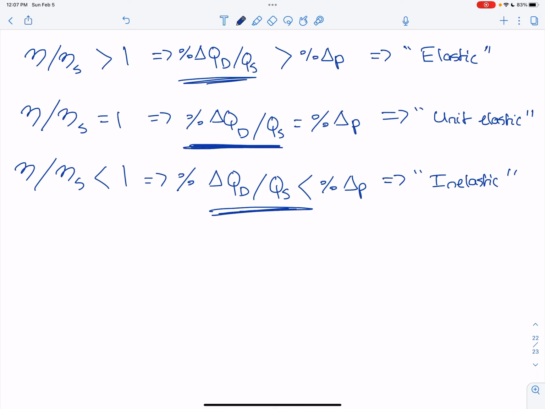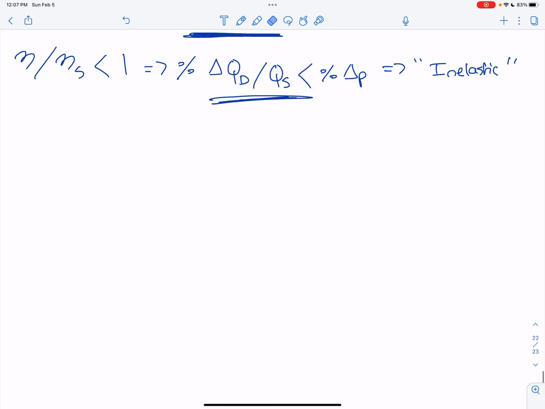How can we tell just by looking at a graph which, say, demand curve or supply curve is more elastic or less elastic than another demand curve or supply curve? Okay, so let's just draw out two. I'll use the demand curve as an example. Okay, let's just draw out two graphs. That is way too big.